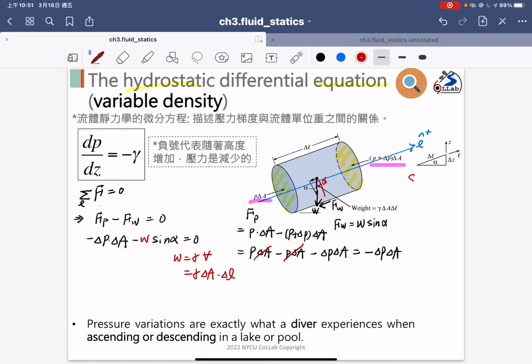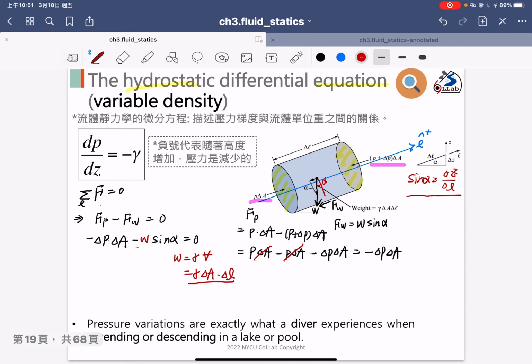Okay? And how about the sine alpha? If you see here, based on the figure showing here, the right hand side, you know that the sine alpha is equal to delta Z over delta L. So you put the related information back to the force balance equation here.